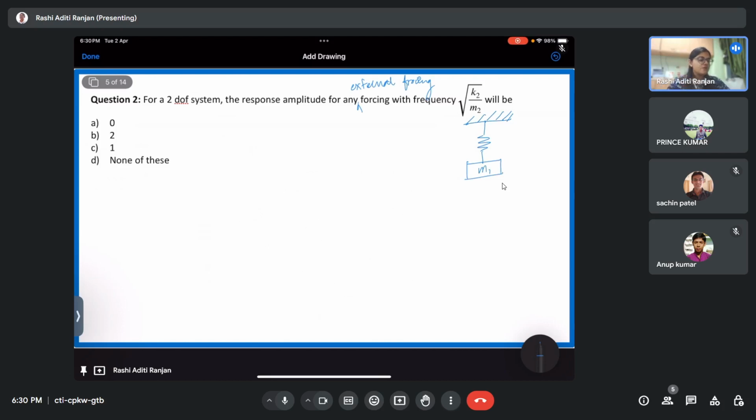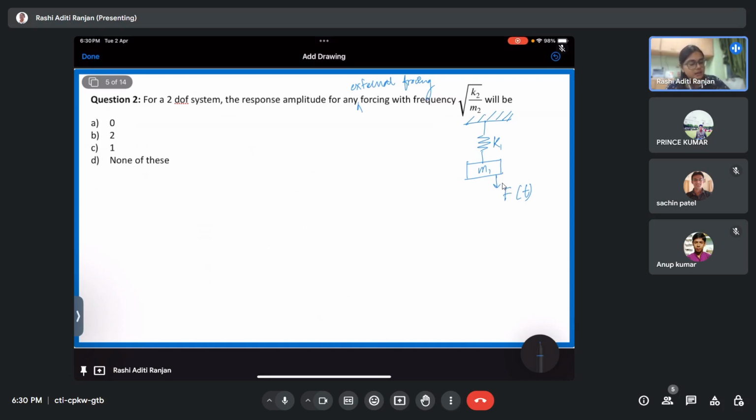Now, if a forcing is applied on it, let us say F, which is a function of t, what is going to happen? It is going to vibrate at its natural frequency. Correct? If I talk about its amplitude frequency response, how is it going to be? First of all, what is going to be its natural frequency?